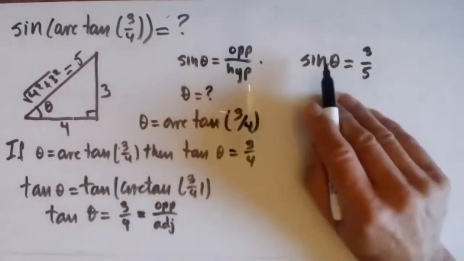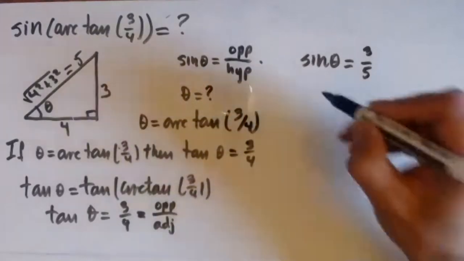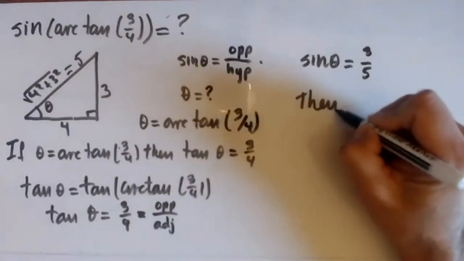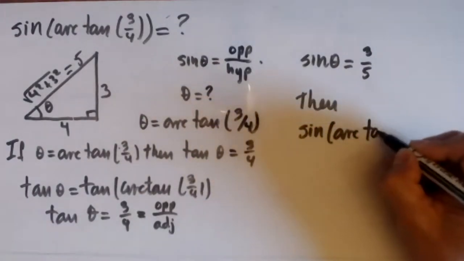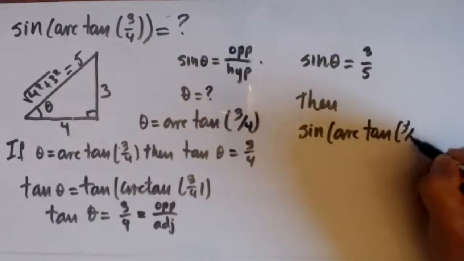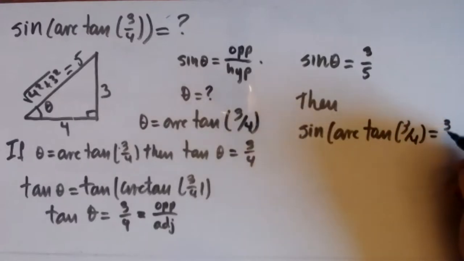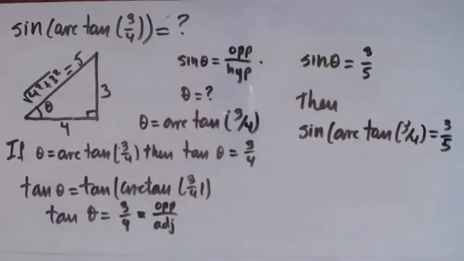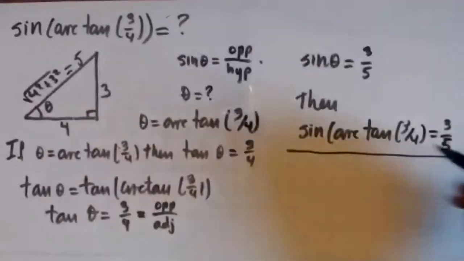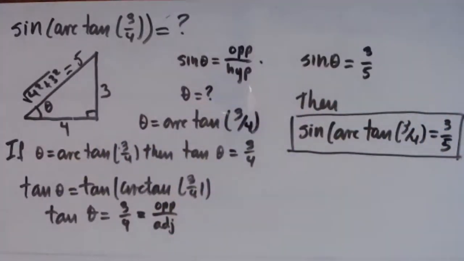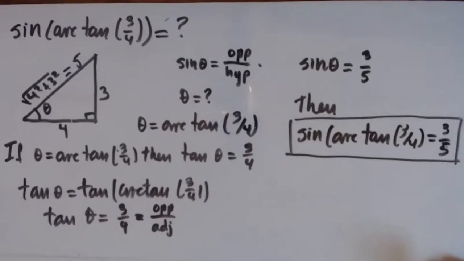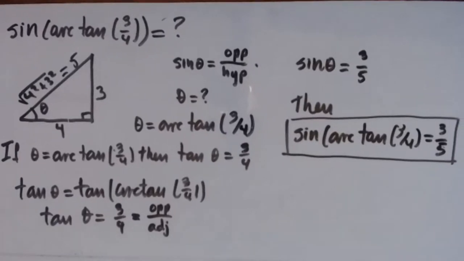And because theta is this one, the sine of the arc tangent of 3 over 4 is 3 over 5. And this is the answer of the problem. A little bit long, but not difficult because you have the definitions memorized, I hope. So you can find these values pretty simply.